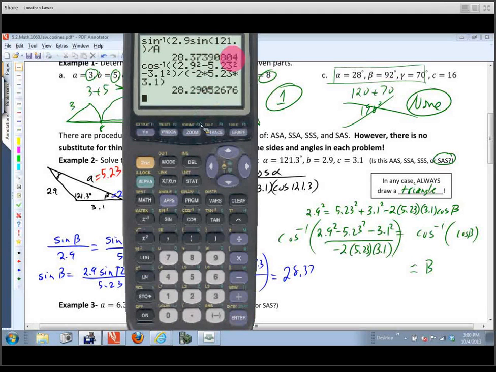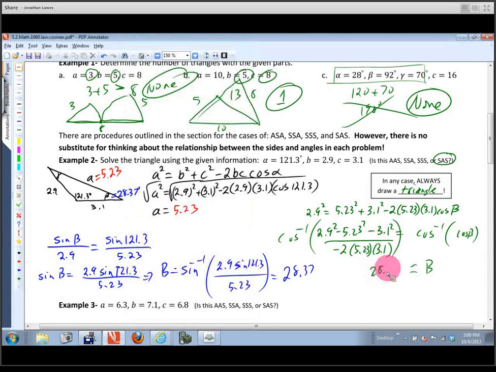Okay, a little bit of error because of the squaring and all that sort of stuff. So if you use a different technique, we might get a slightly different answer. To the tenths place, if we rounded, it would be the same. So we get 28.29 degrees. Okay, both of these would round to 28.3. And maybe that's why this book does that. But then you can just add 121.3 and 28.37, and subtract that from 180 to figure out what gamma is.